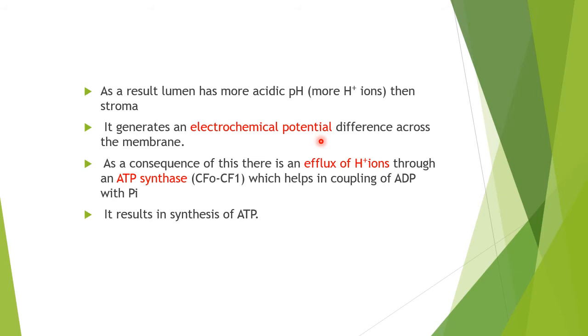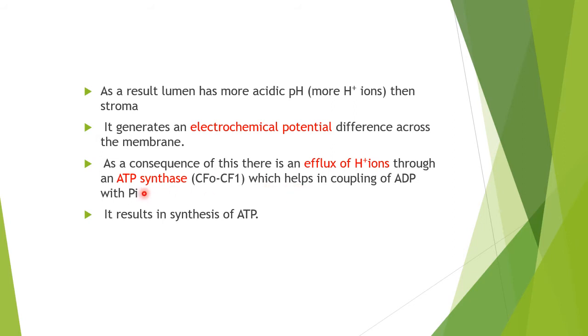Now, as a consequence, if the protons are more within the lumen side of this thylakoid, there will be an efflux of protons as per the concentration gradient through an ATP synthase, the CF0, CF1 particle, which helps in coupling of ADP with inorganic phosphate.